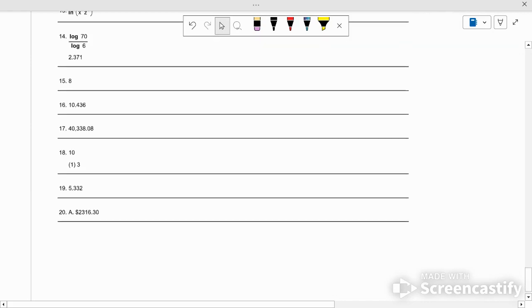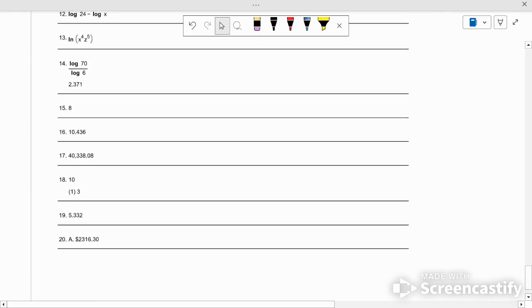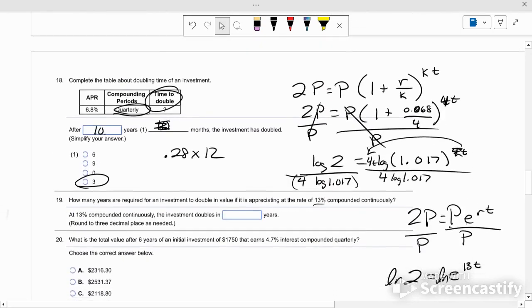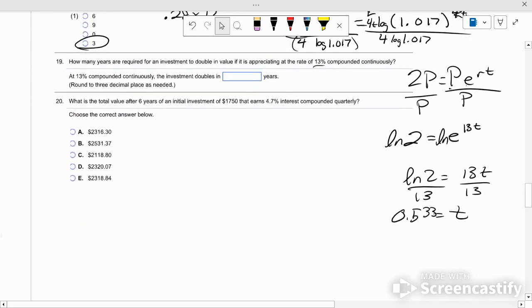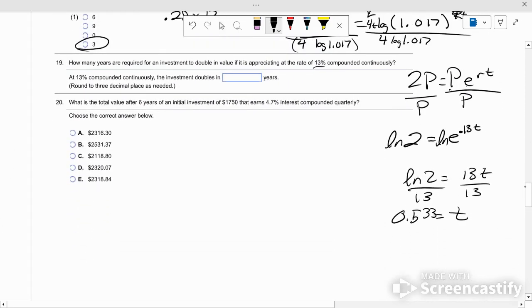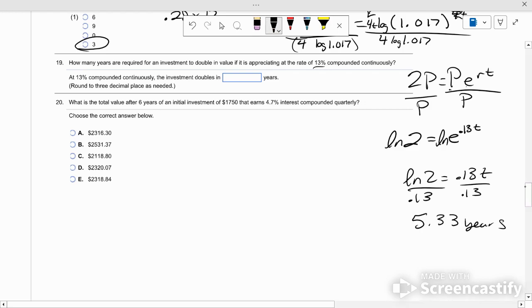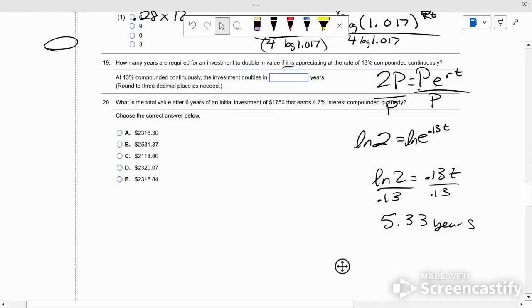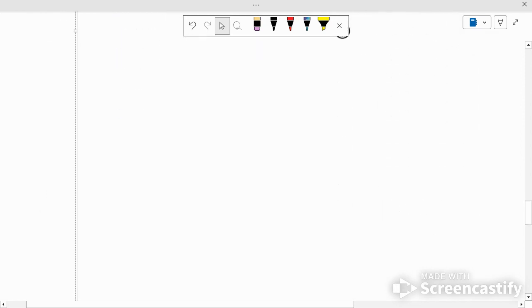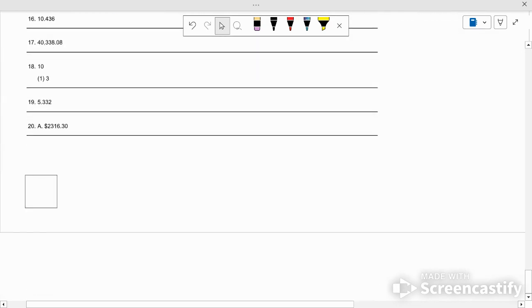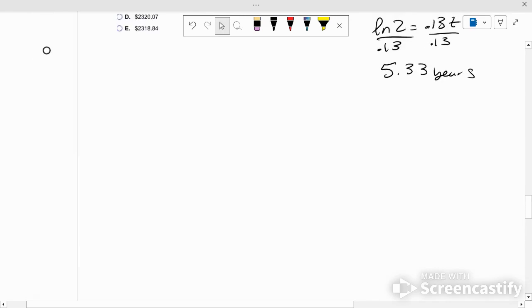That seems awful short. 5.33. Oh, it's 0.13T. Divide by 0.13. I was going, what? So it's 5.33 years. 5.33 what? 5.332.